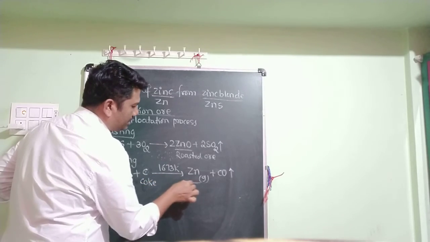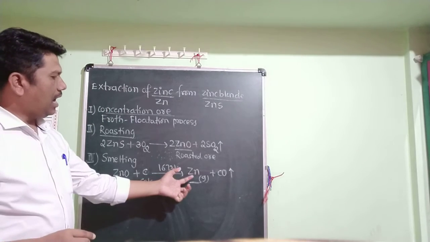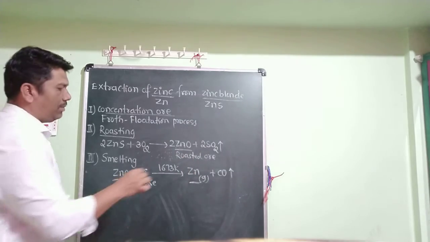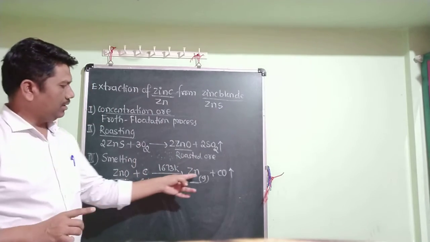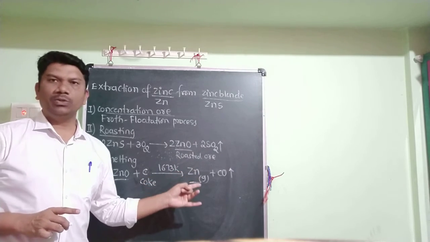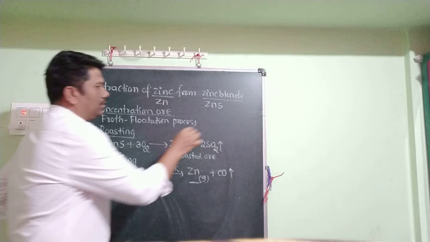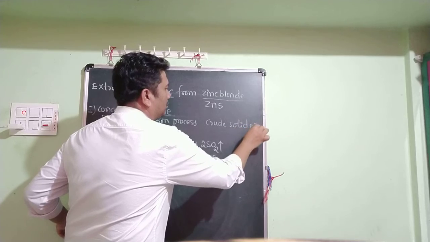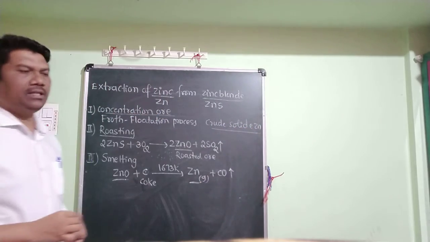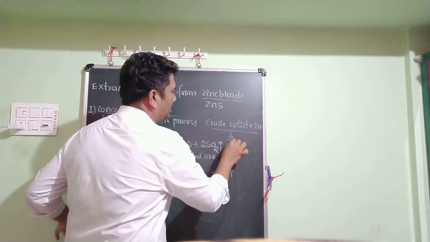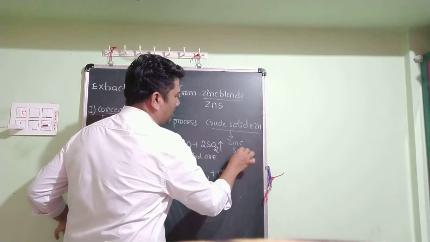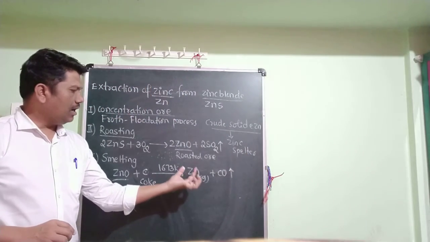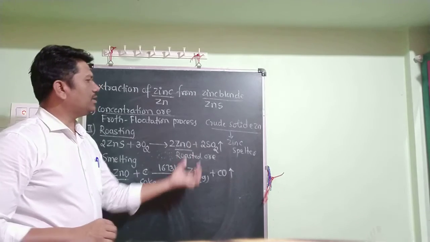And these zinc vapors are solidified by passing through an air condenser to get crude solid zinc.